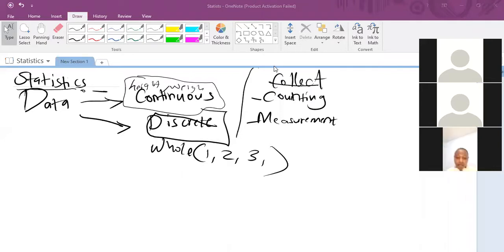Now, when we look at presentation of data, how can you present data after counting? There are so many ways that we can present data.